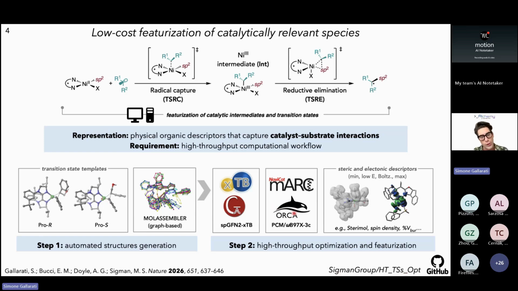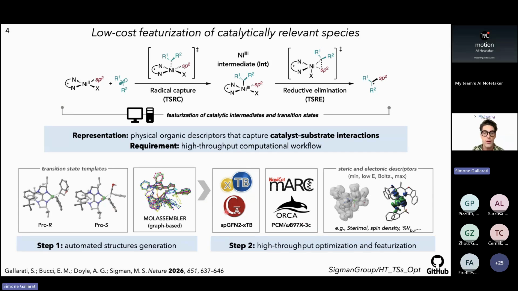I will not go into the details, for the sake of time, but it is described on our GitHub and in our recent publication. Essentially, this workflow comprises two steps. The first step is the automated structure generation from a library of ligands and template structures for the different stationary points on a potential energy surface.